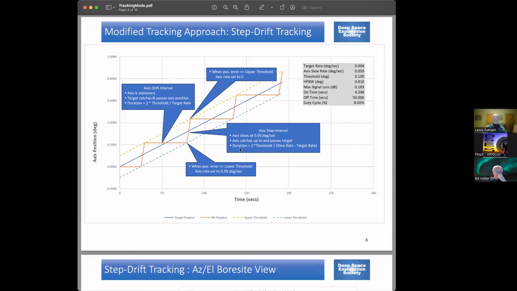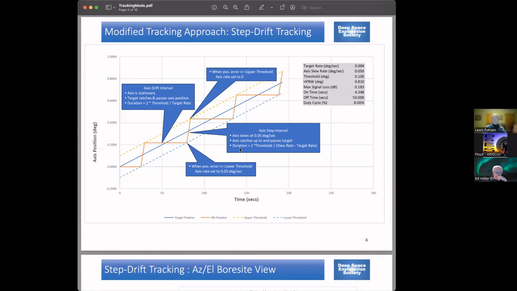So in this example, you can see the parameters for this particular track. The target rate is 0.004 degrees per second, so that's pretty slow. We'll talk about what the expected rates are in a few slides, but that's beyond what you'll ever see on the elevation axis, though it's a fairly nominal value for the azimuth axis.